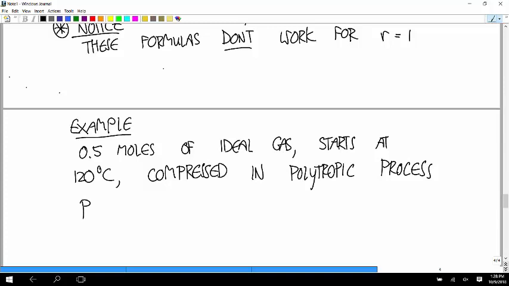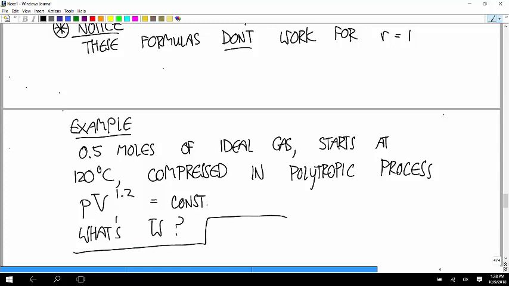And experimentally, we figure out that P times volume to the 1.2 is equal to a constant. And we want to know what's W.